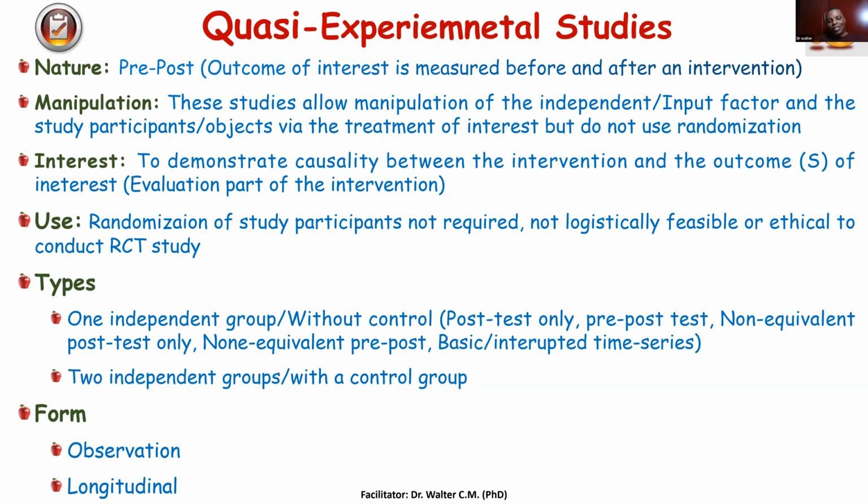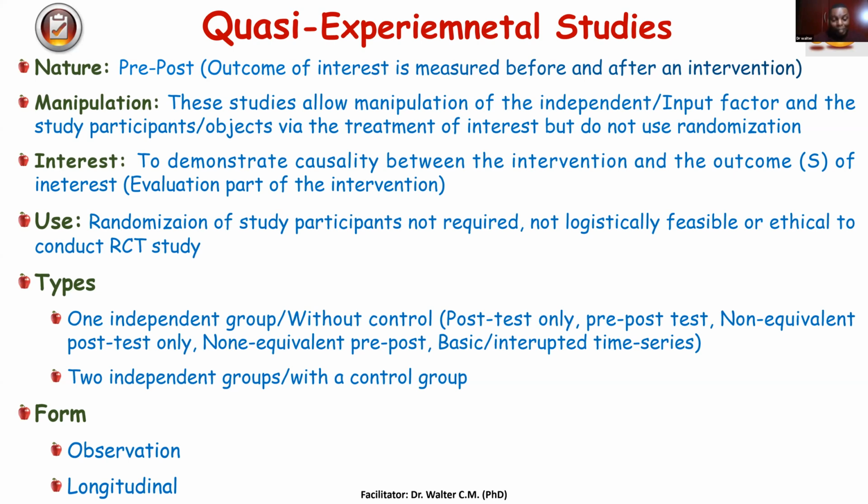So we have types of quasi. We have the one-group quasi-experimental, which is without a control group. And this one also has subgroups or subtypes. So you are going to have one independent group, a quasi-experimental study, one group without a control.